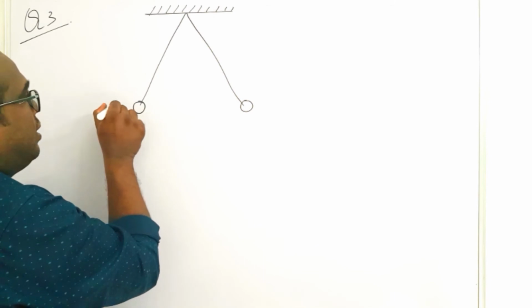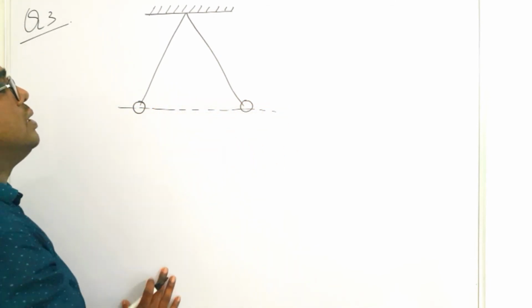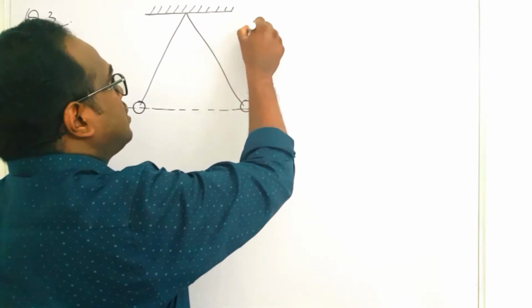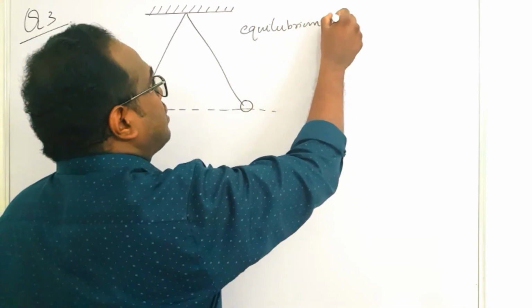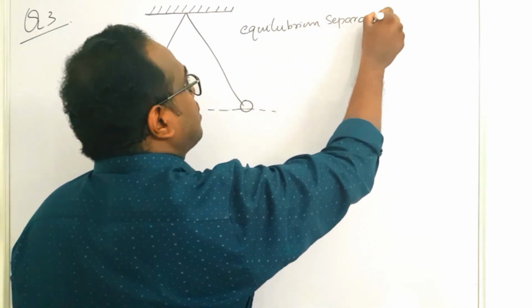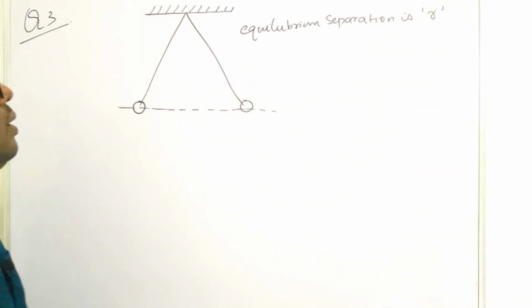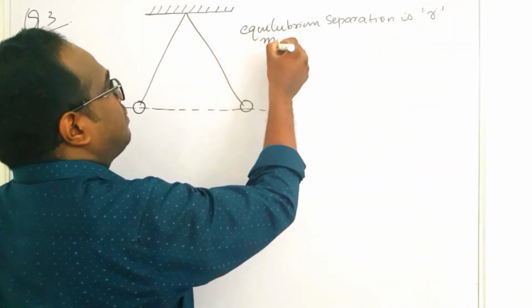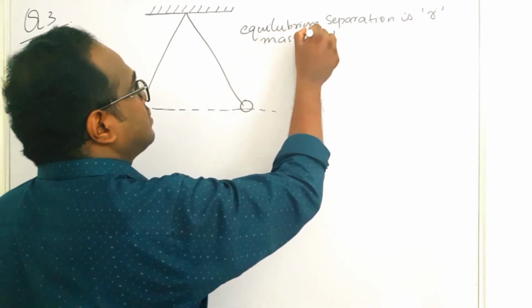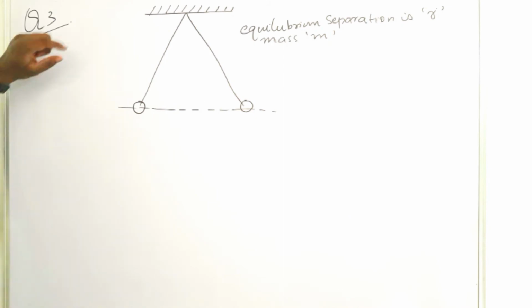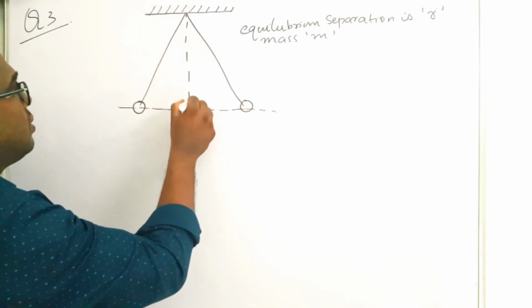The equilibrium separation between these two balls is R. Mass of the ball is M. And this distance is also given in the question, that is y.